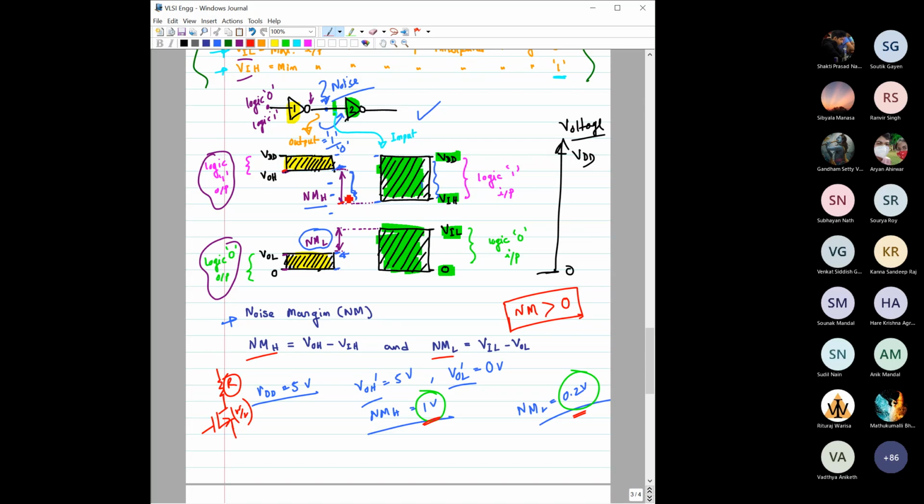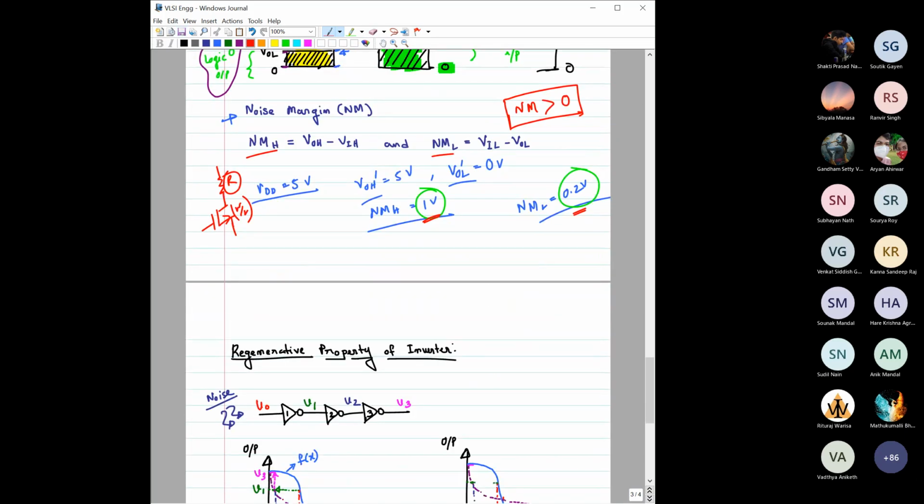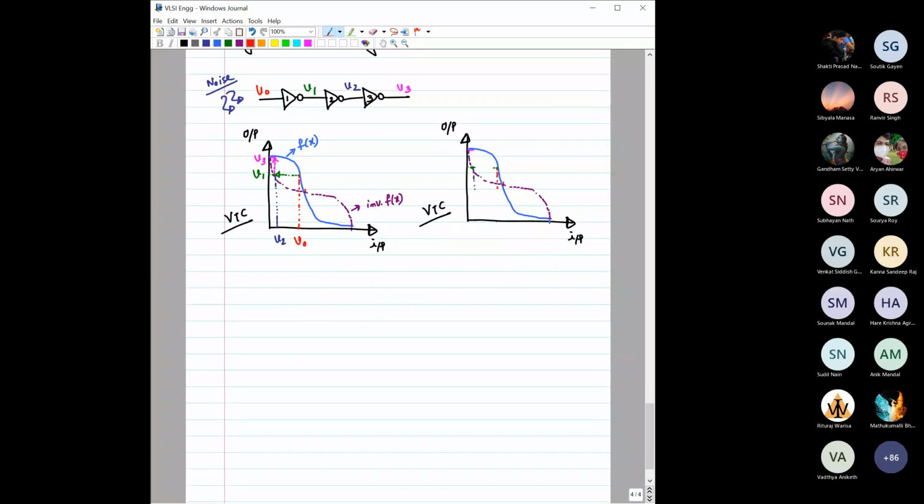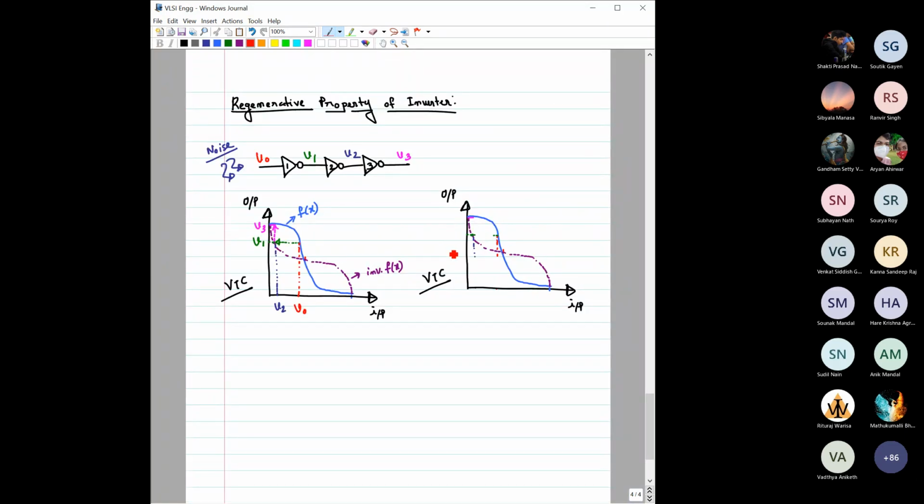Okay, so if this part is clear, then let us see the last topic for today's class, which is called the regenerative property of inverter. Instead of 2 inverters, let us say we now have 3 inverters, with input V naught.